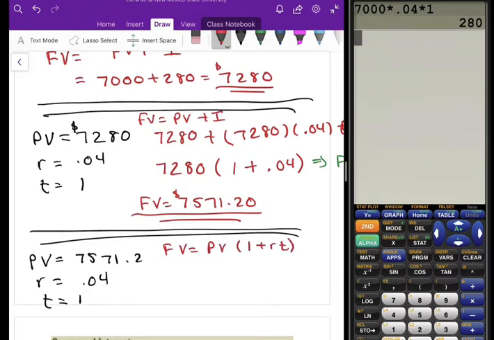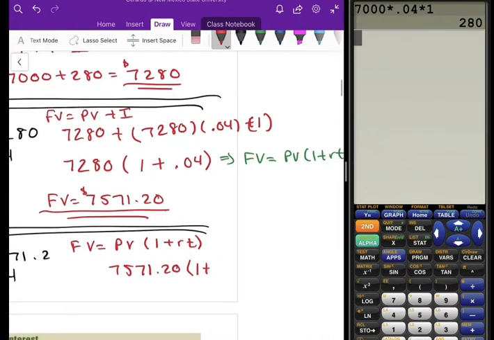Let's fill this thing in. So now I have 7,571.20 times 1 plus 0.04.